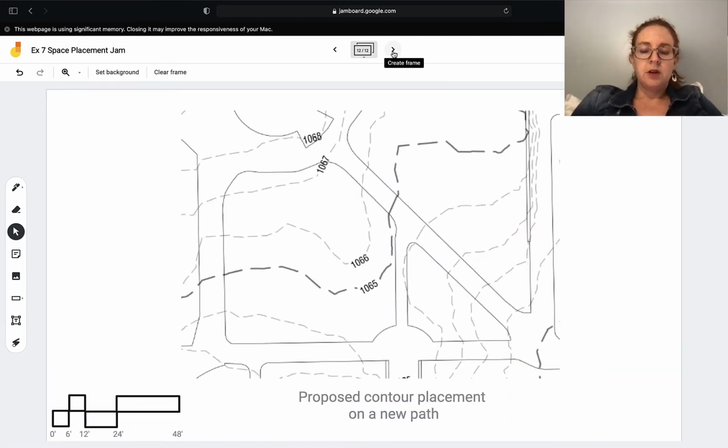Okay, and now I want to talk about placing contours on a new path where maybe it isn't so straightforward or so clear. And for this one, I am going to focus on a different path and some existing contours that are on this site.